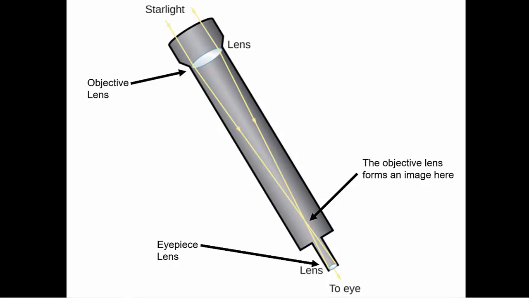It's a combination of both the objective lens doing some work on the object and the eyepiece lens doing some work on it. And the magnification is the focal length of the objective divided by the focal length of the eyepiece. And the eyepiece magnifies the image. It just acts like a magnifying glass.